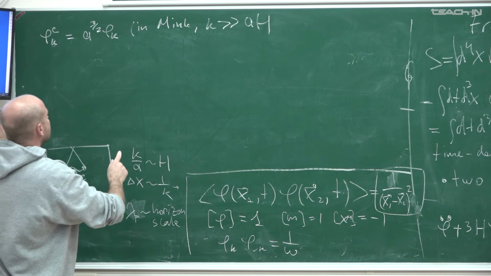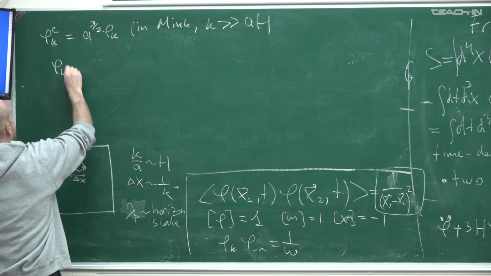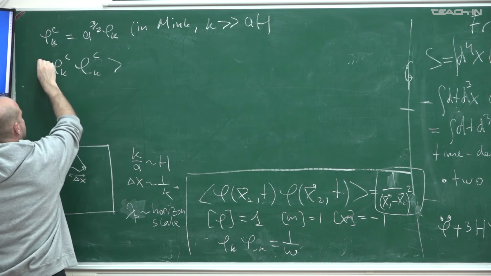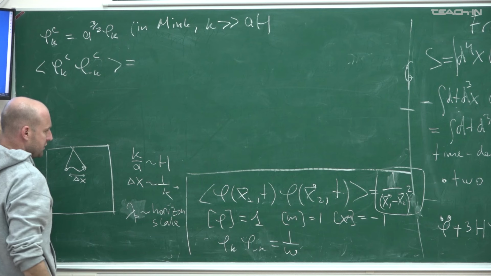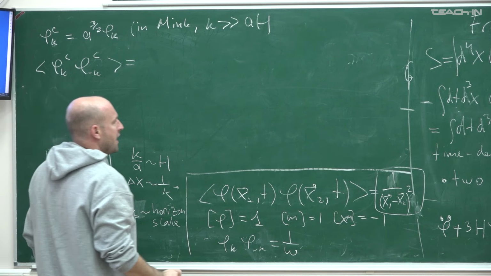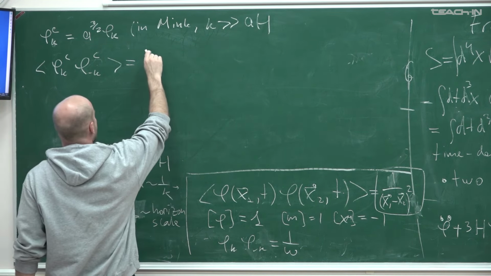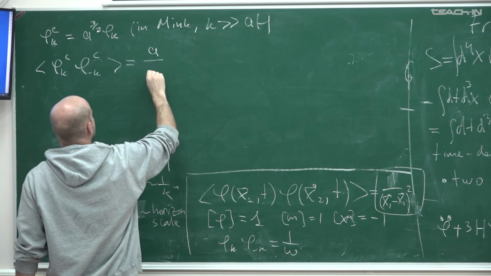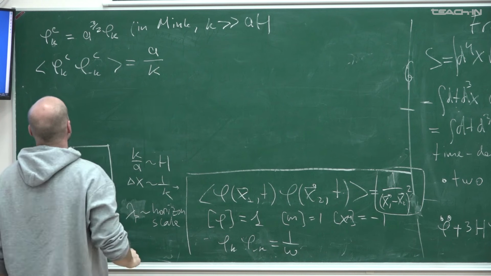Now phi k, phi minus k canonical would be 1 over omega, that is, it's going to be a over k, right?